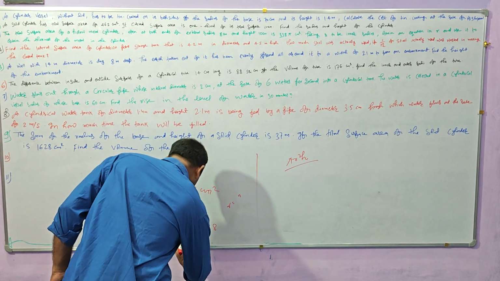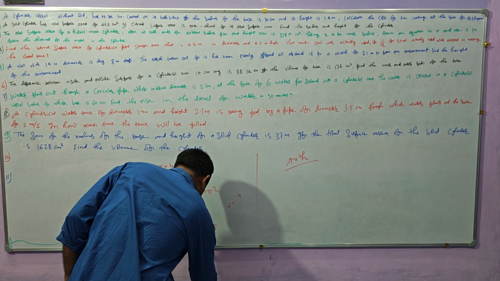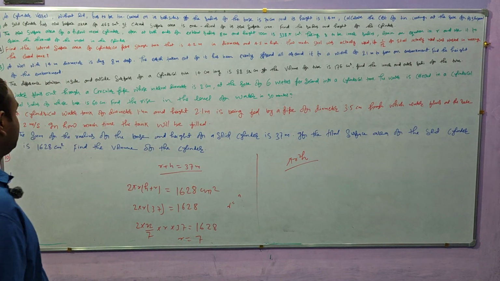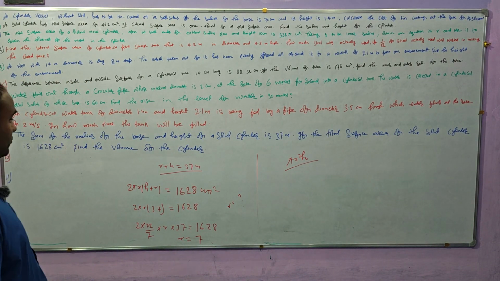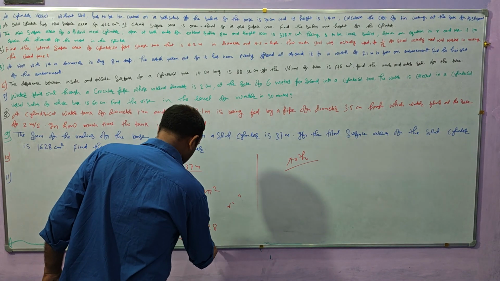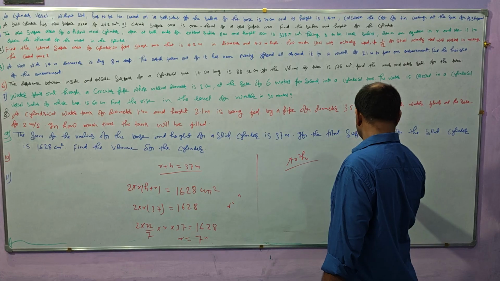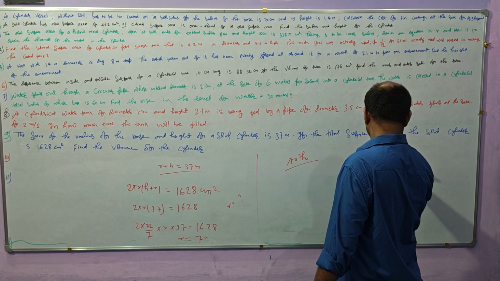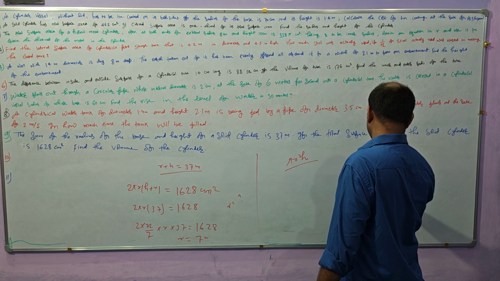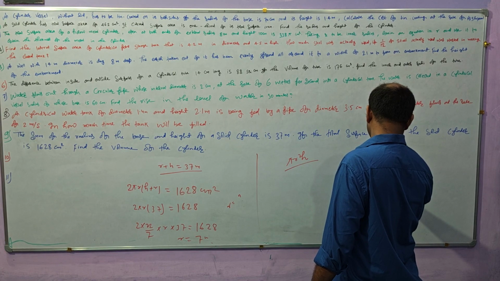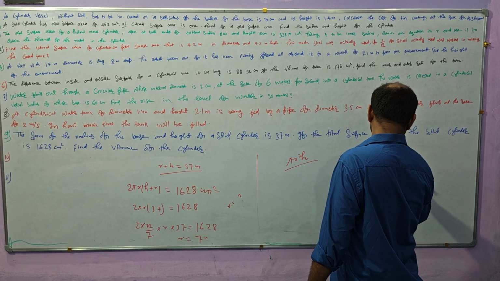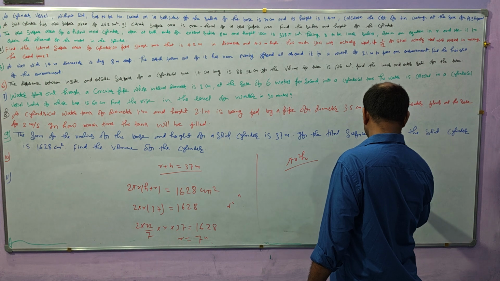When we solve this, we get r is equal to 7 meter, and we have r plus h is equal to 37 meter. So when r becomes 7 meter, h becomes 30 meter.